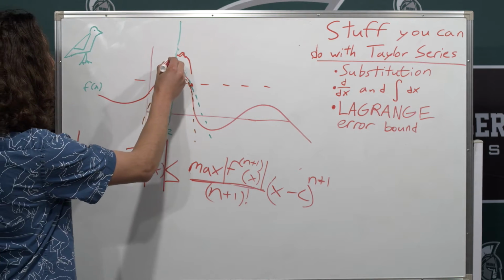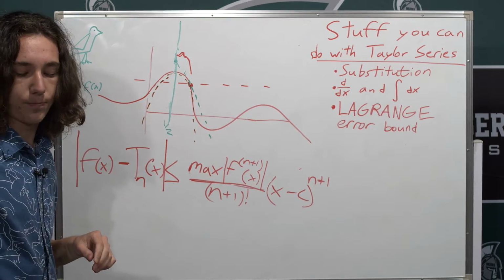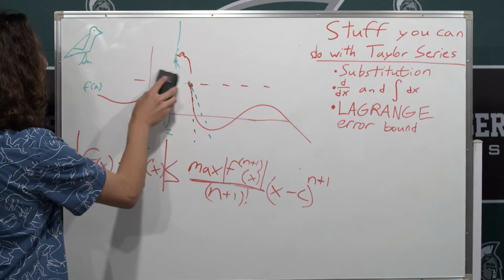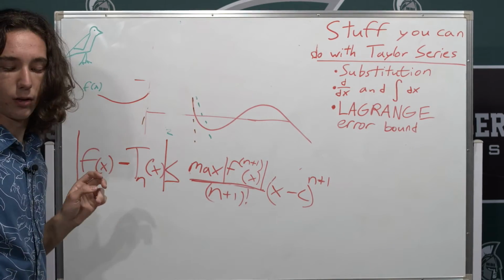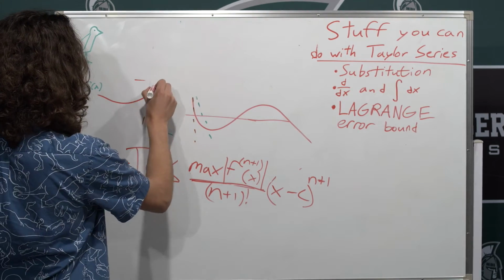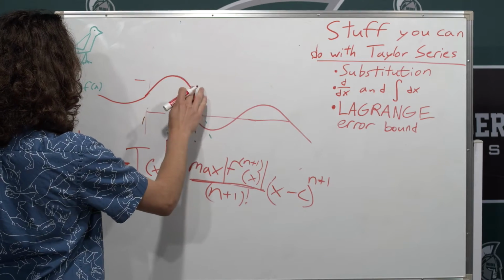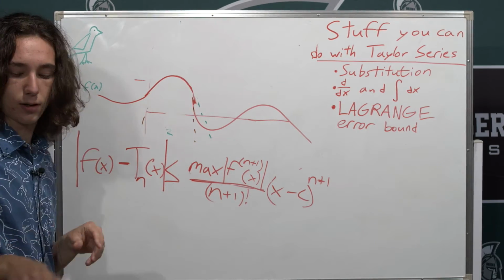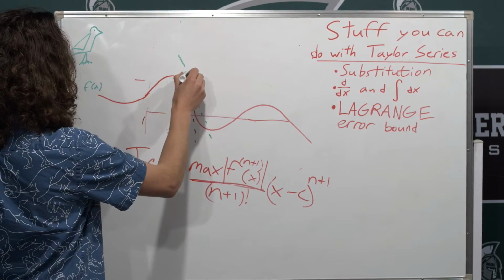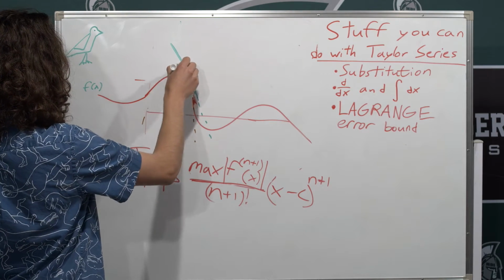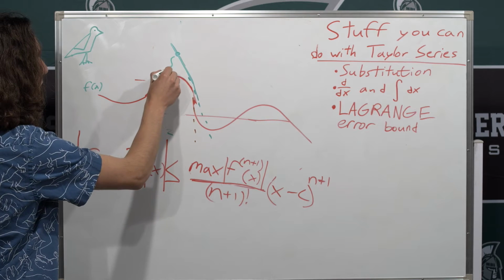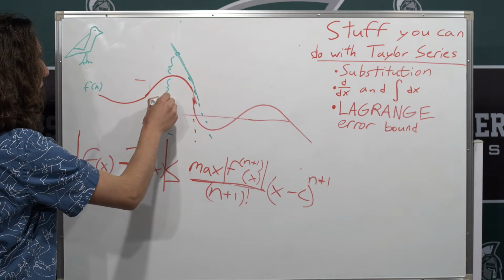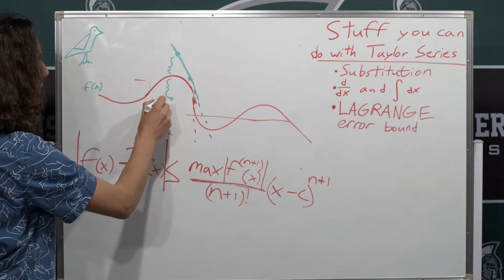Because getting closer involves, let's do this a little bit cleaner. If we've got our Taylor polynomial, or some degree of our Taylor polynomial, and it's there, there is this much room to get closer.